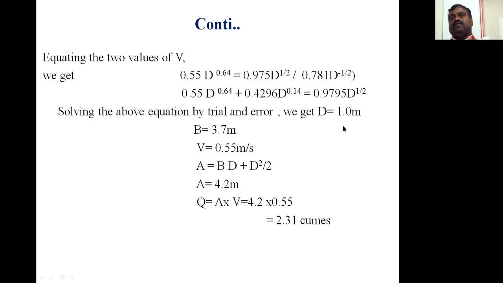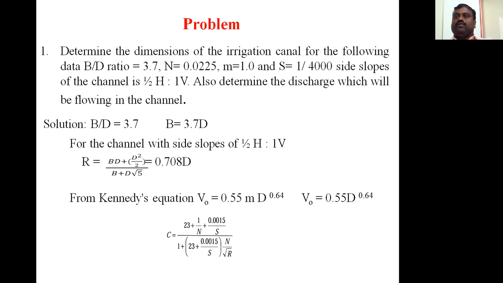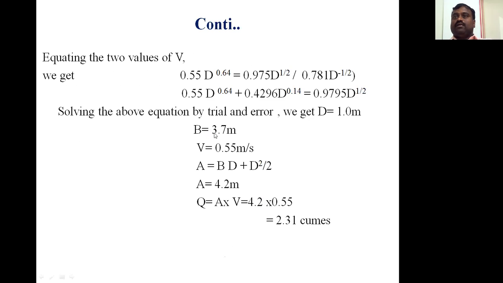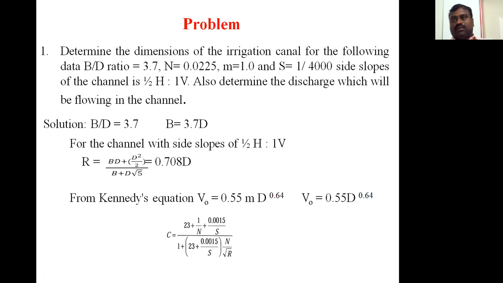Once D is known, B can be calculated because B is equal to 3.7 times D. So B results equal to 3.7 when D is substituted as equal to 1. Here B is calculated equal to 3.7 meter, and velocity again we have in terms of D only.